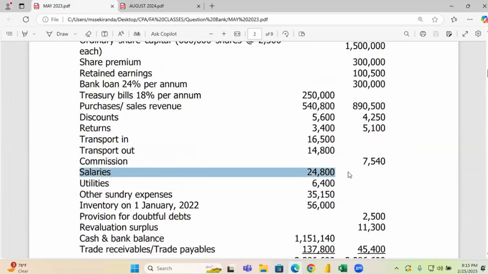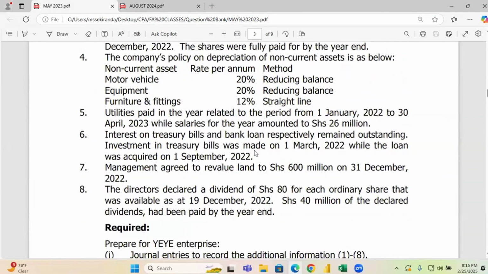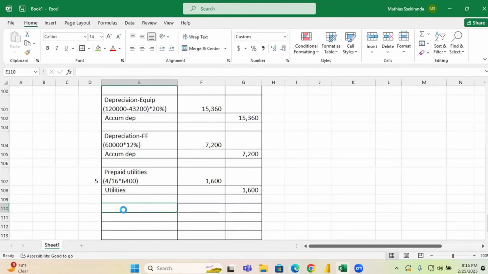The salaries recognized in the year are 24,800. The ones that have been recognized in the trial balance, the ones that were paid, were 24,800. But they are telling you the salaries for the year are meant to be 26 million. It means you have what you call an accrued expense, which is a liability.